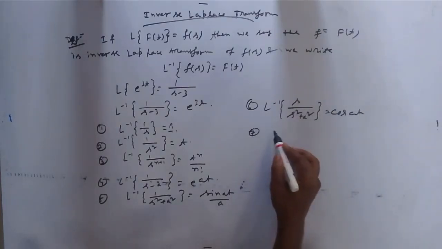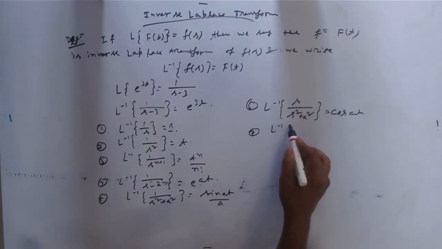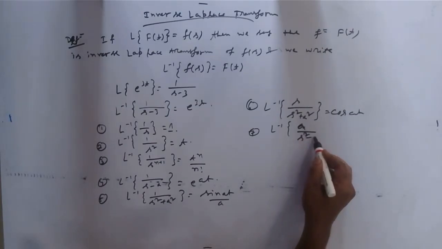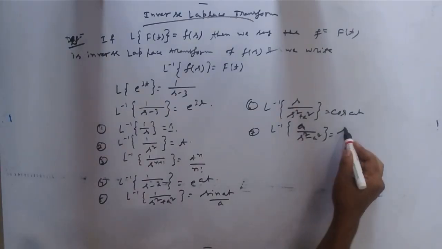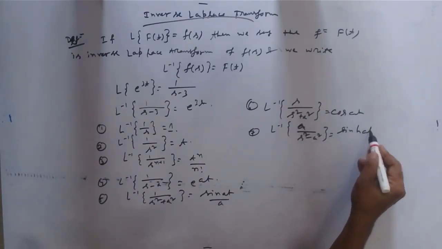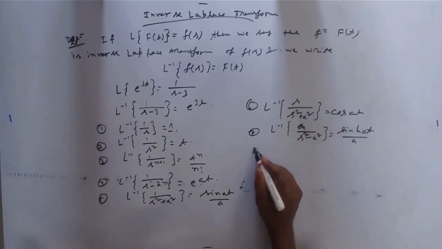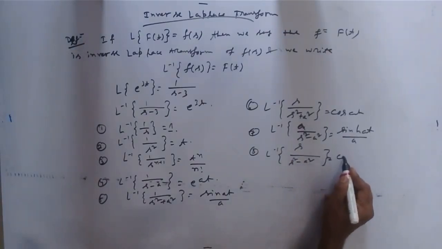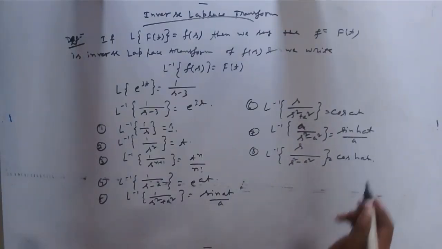Number 7, L inverse of 1 by s square minus a square will be sinh at by a. Number 8, L inverse of s by s square minus a square will be cosh at. So these are the basic inverse Laplace transforms of some basic functions.